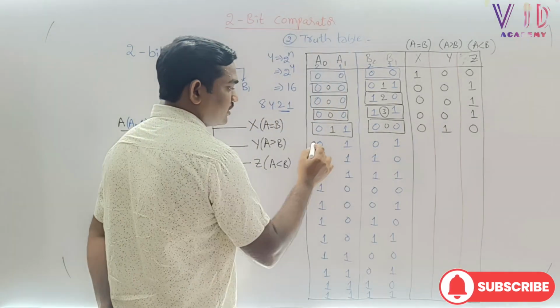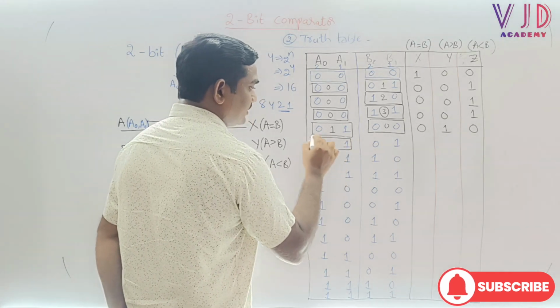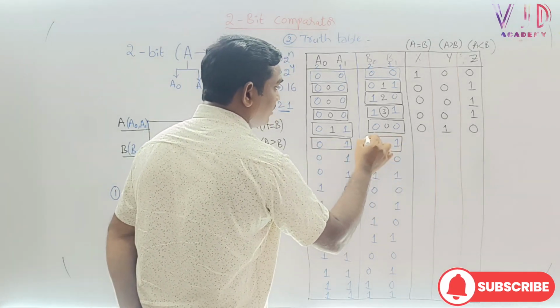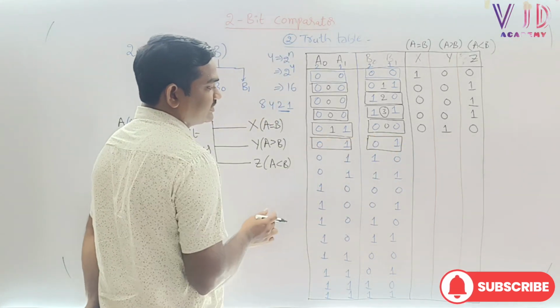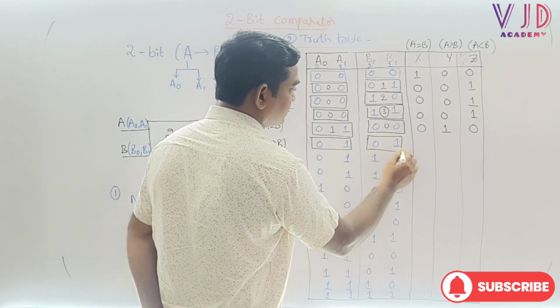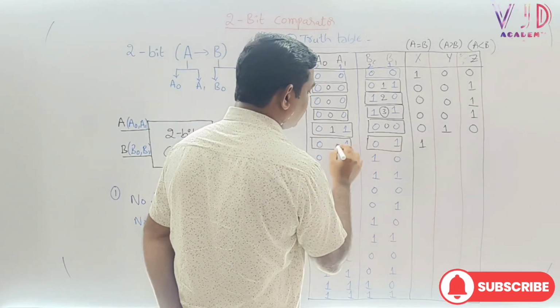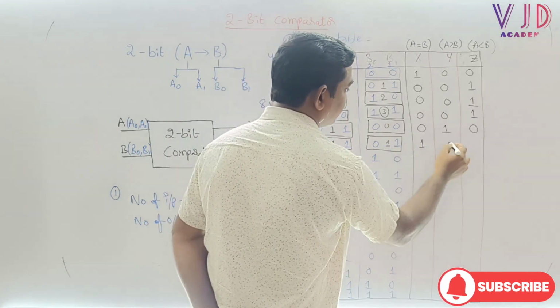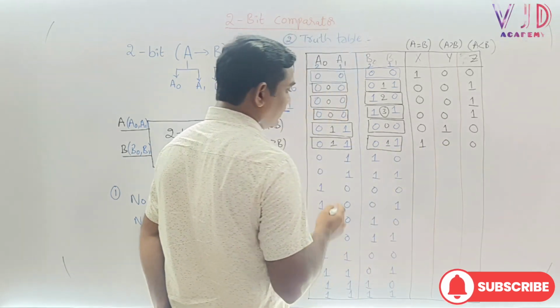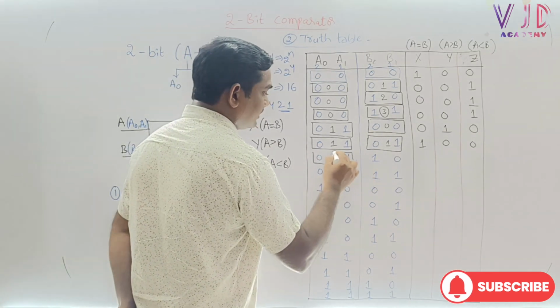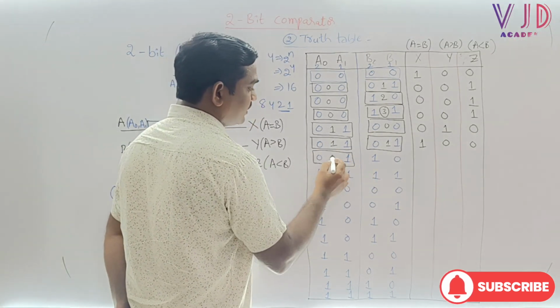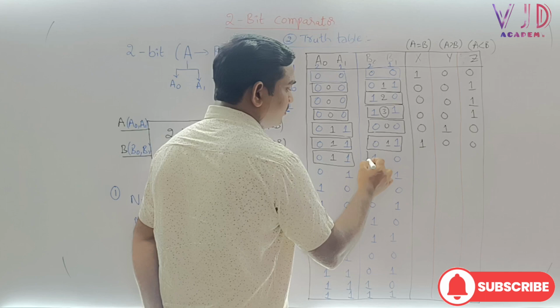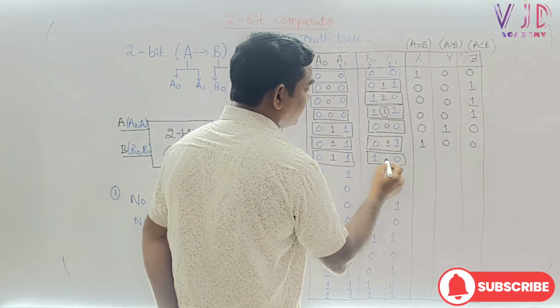And now here if we see A0, A1 and B0, B1, both conditions are similar, 0, 1, 0, 1. So we can say both weights are 1, and A equal to B condition is 1, both remaining are 0. And now this one, if you see here A0, A1 weightage is 1 and B0, B1 weightage is 2.